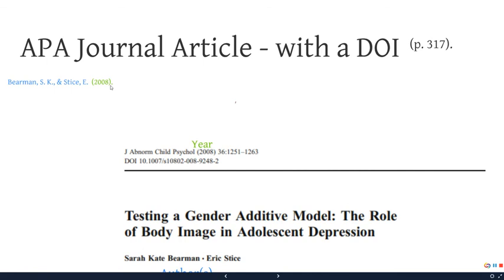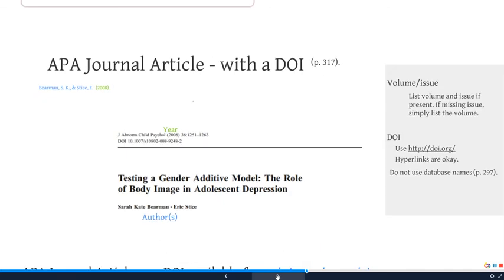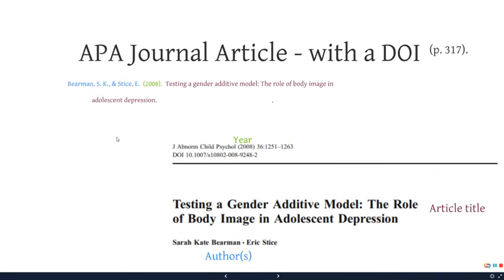And then the next thing I'm going to include is the name of the article. In this case, the name of the article is Testing a Gender Additive Model: The Role of Body Image in Adolescent Depression. APA has some very specific rules for how you capitalize journal article titles. We capitalize the first word of the title, and all the other major words are lowercase.